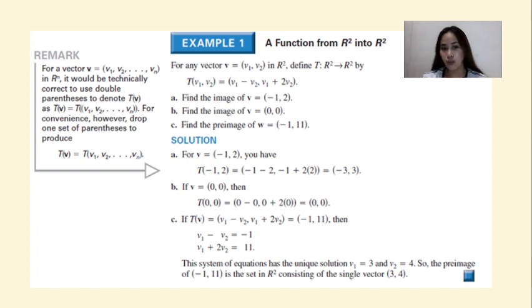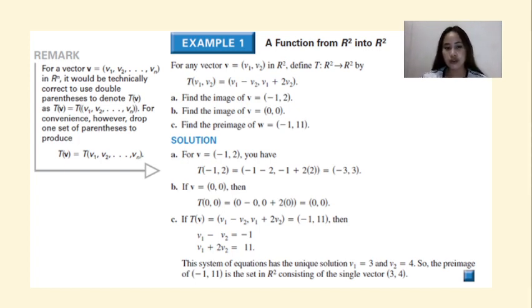Then negative 1 plus 2 times 2 is negative 1 plus 4, which is 3. So our image for vector V, negative 1 and 2, is equal to negative 3 and 3. Negative 3 and 3 is our image.